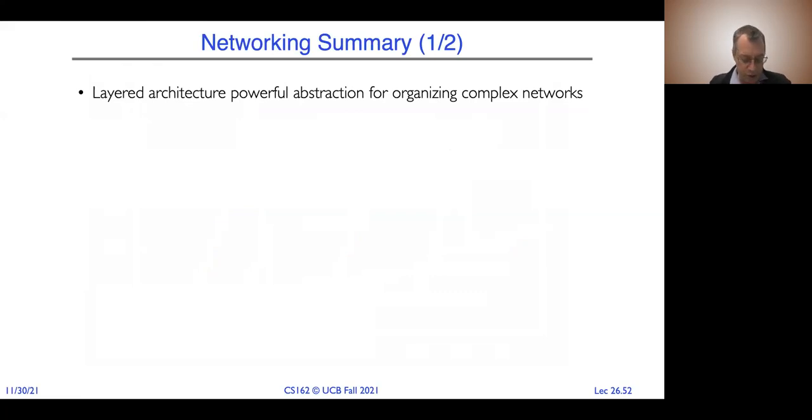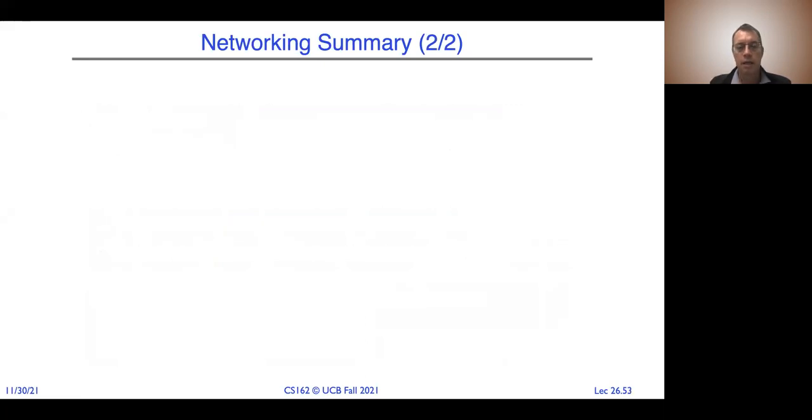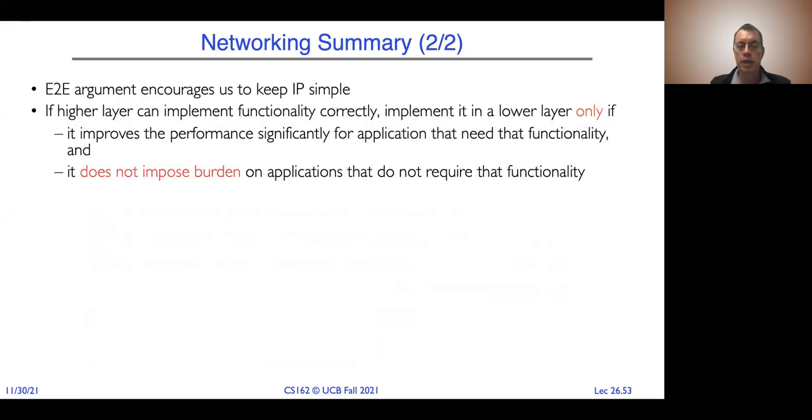So I'm going to stop here, and we talk about the networking summary. We have had a few lectures on networking. Remember, the internet has 5 layers: physical layer, data link layer, network layer, transport layer, application layer. And we talked about the end-to-end argument.